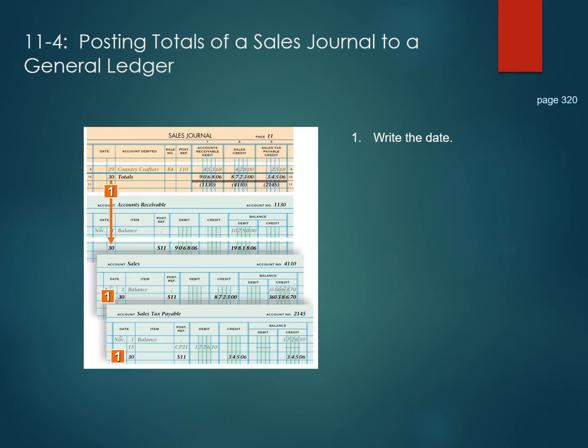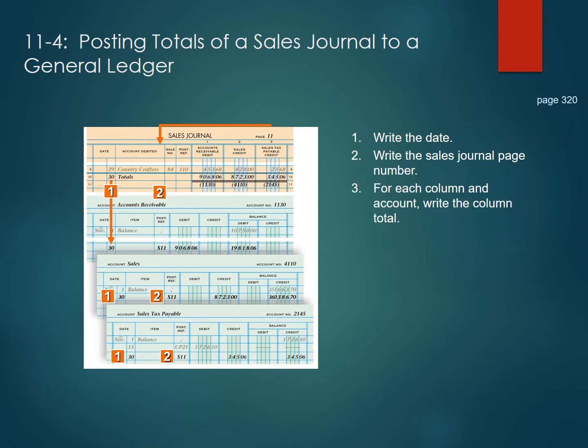So, starting with accounts receivable in our general ledger, we will write the date, then record the post reference number of S11. We have a debit total of $9,068.06. We will record this total in accounts receivable underneath our debit column.